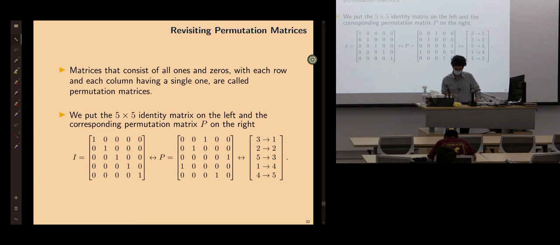For example, I want to send 3 to 1, 2 to 2, 5 to 3, 1 to 4, and 4 to 5. 3 to 1, the third row is in the first one.